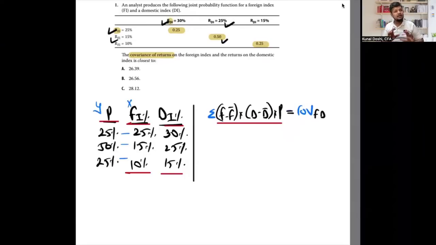Then again, you go to second 7, and this time you just replace the X value with domestic. Probability is going to be the same. This, I believe, is a bit quicker. So can you solve this, guys?